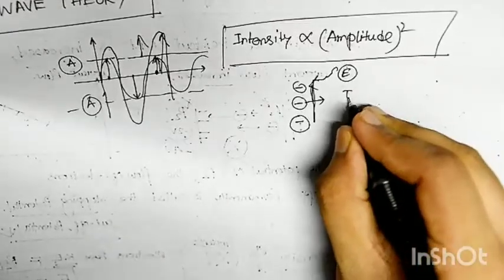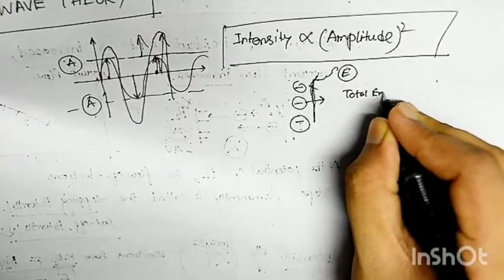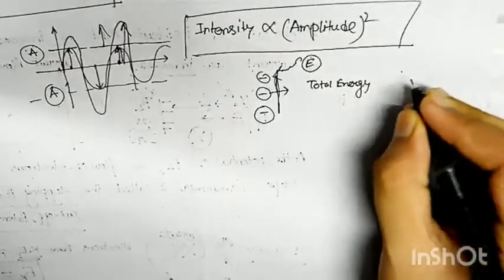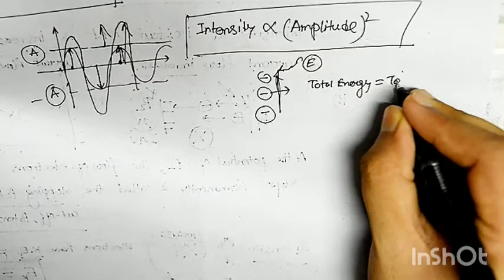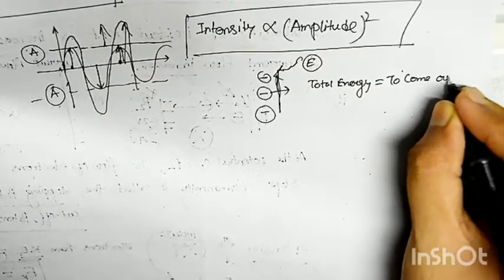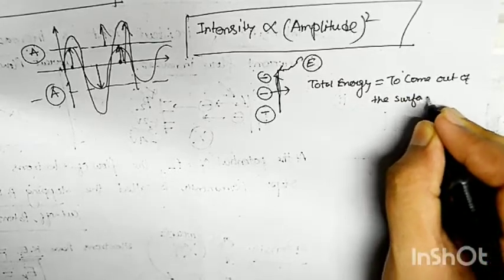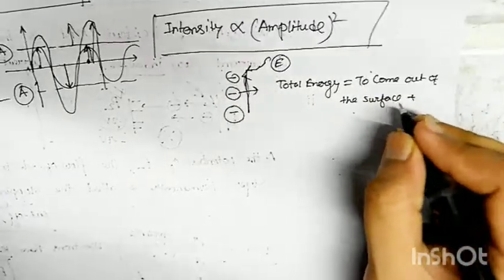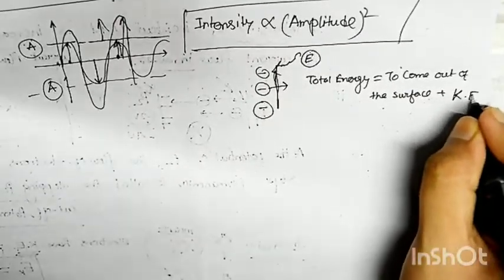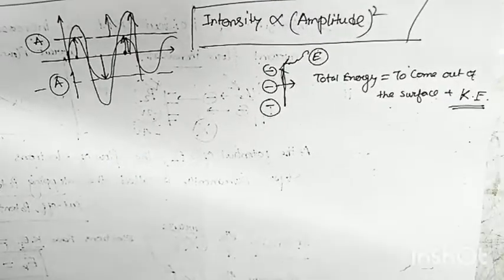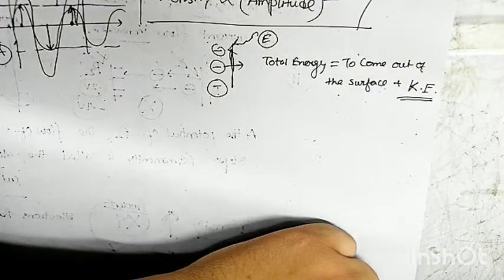So out of the total energy, 1% goes to come out of the surface, and the rest is going as kinetic energy. So you can see the amount of energy required to come out of a surface is always the same.